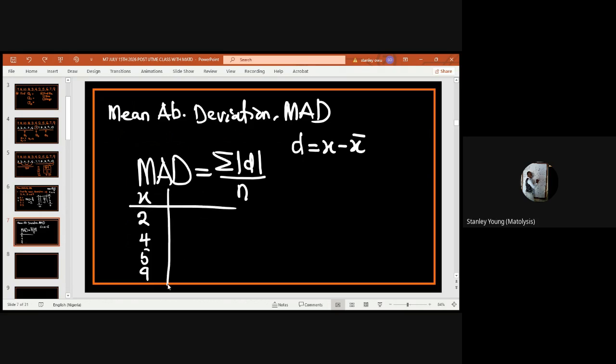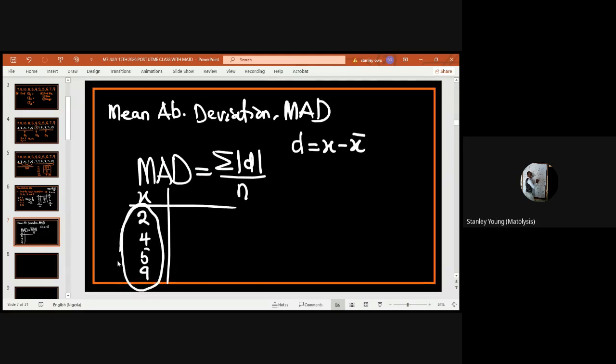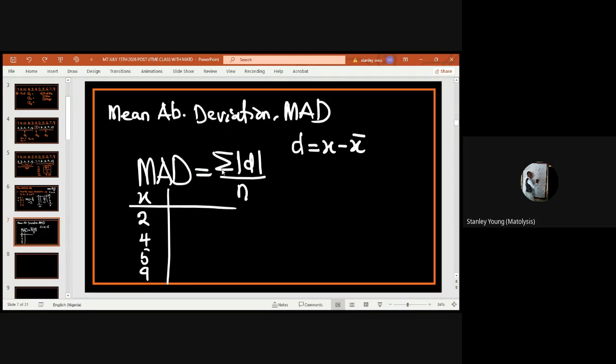Mean is summation over n, isn't it? If you sum this together, do you agree that the sum of this is 20? Do you agree? Yes, sir. Okay, good. So the mean is going to be 20 over 4. You get that part, right?